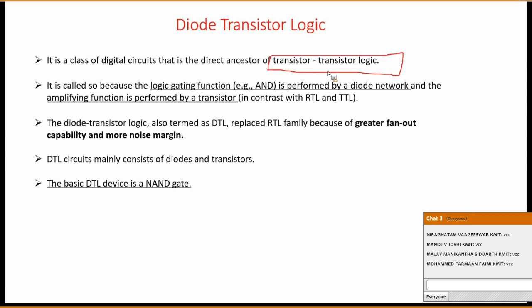Before transistors emerged, logic functions like AND gate and OR gate were formed using other components. The logic function is implemented by a network, performed by a transistor.